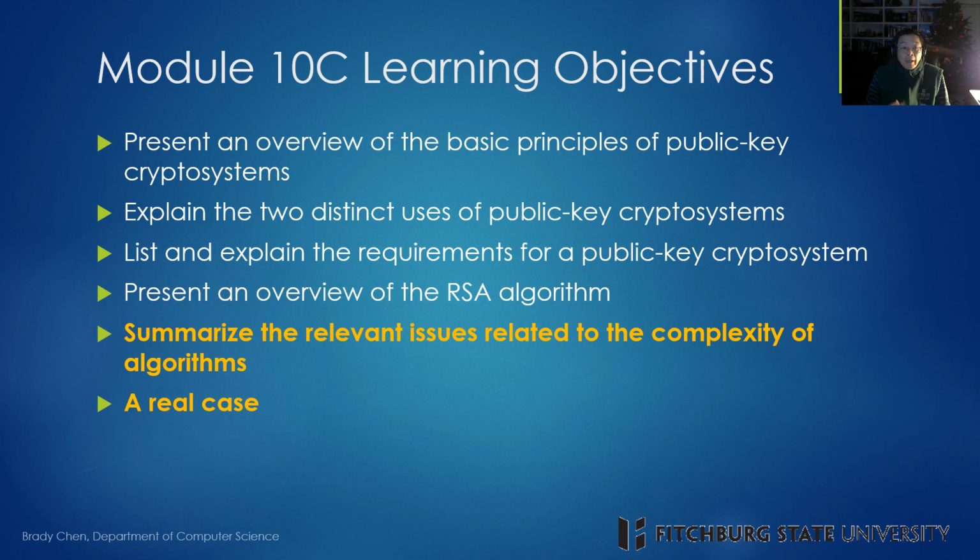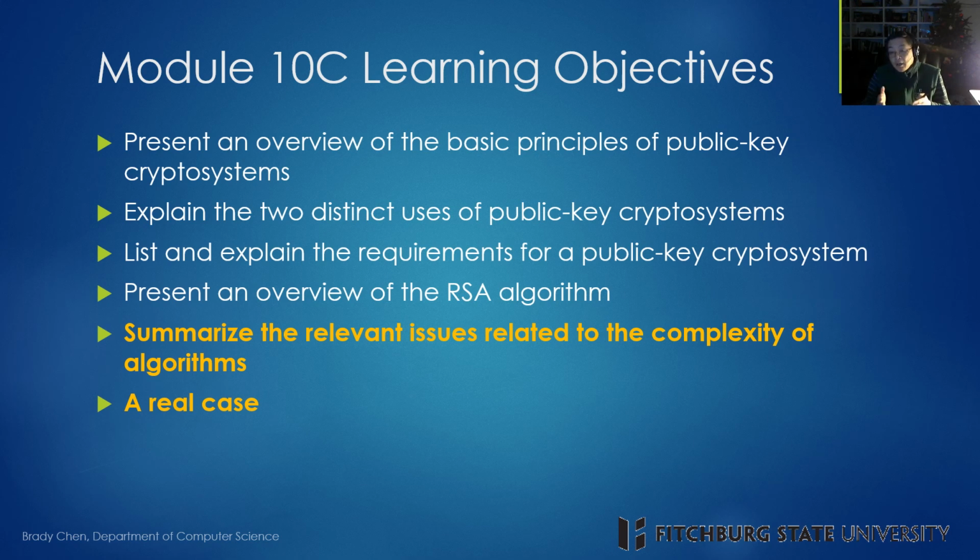Then in Part B, we talked about the RSA algorithm, in which we create an algorithm to perform the encryption and the decryption. Now, in this part, Part C, we are going to discuss some of the issues related to the complexity of the algorithm.